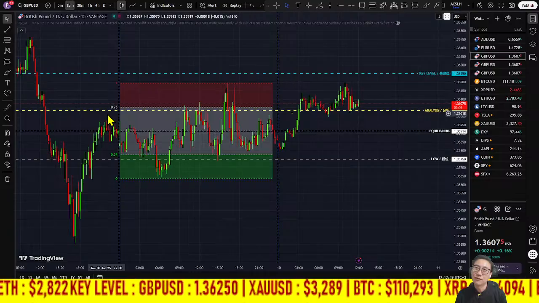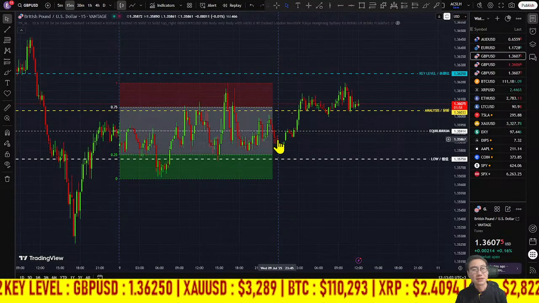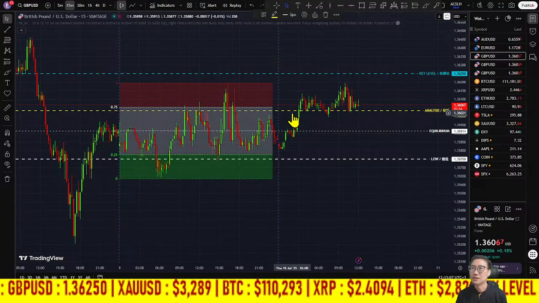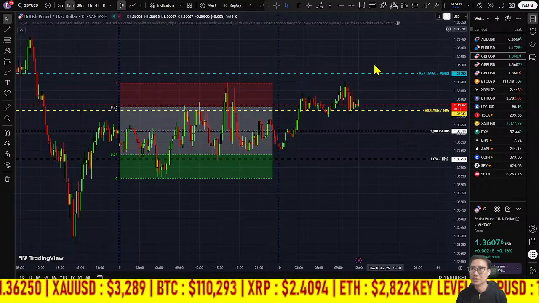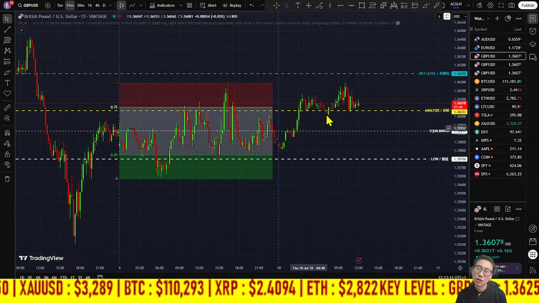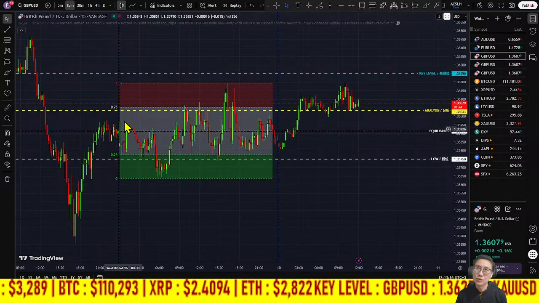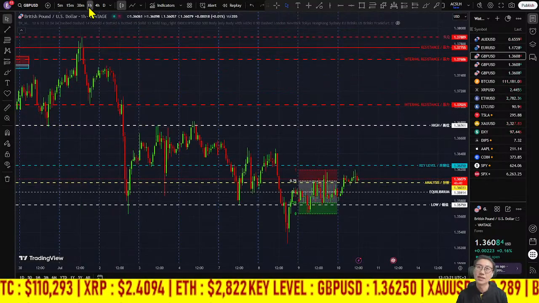As we can see from yesterday, it's trading within the range, so still waiting to see if they get out of the range, either for the buyers or for the sellers. Would you consider this as ranging? I will say yes.